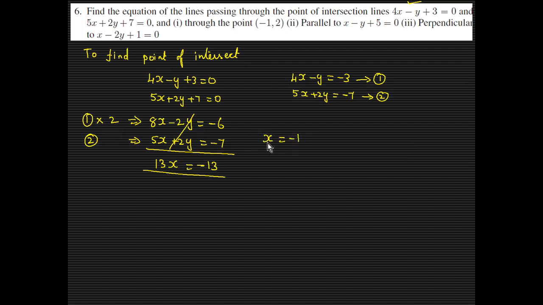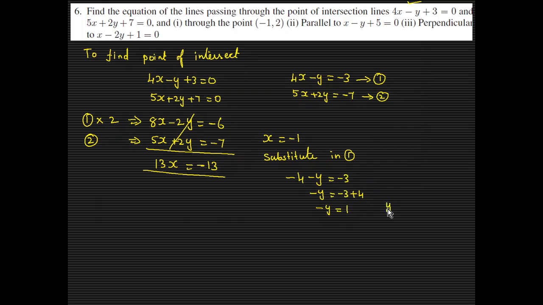Now let us substitute this value in equation 1. What you will get: minus 4 minus y is equal to minus 3. So minus y is equal to minus 3 plus 4, so minus y is equal to 1.